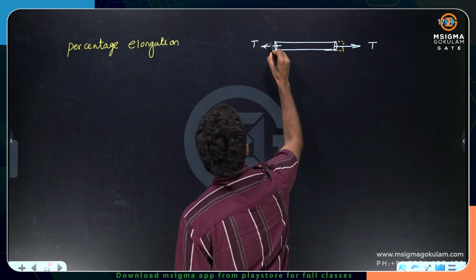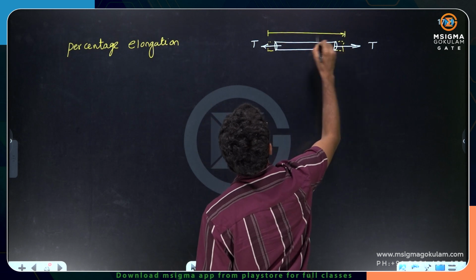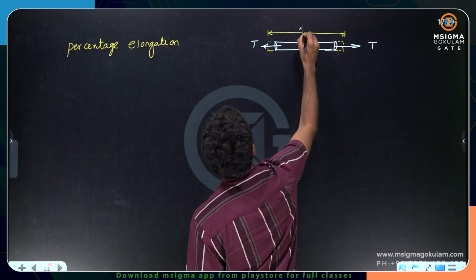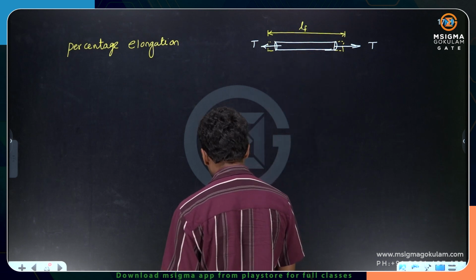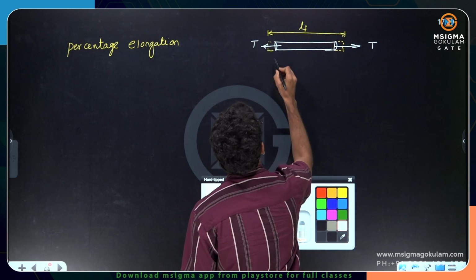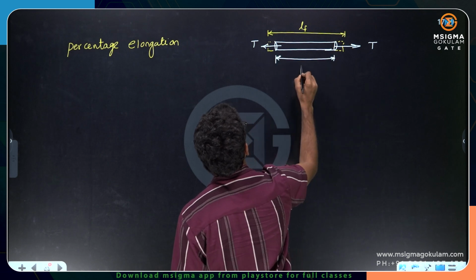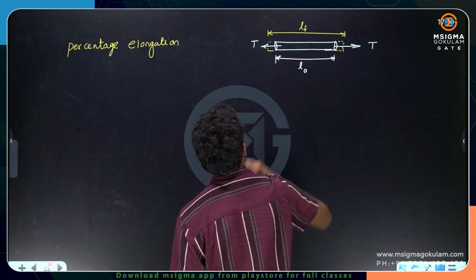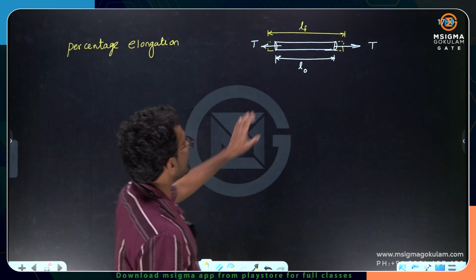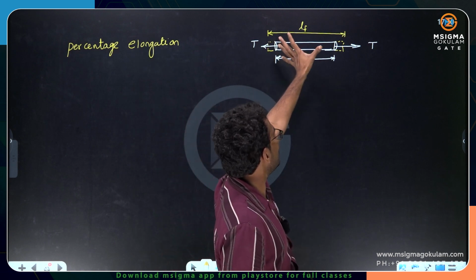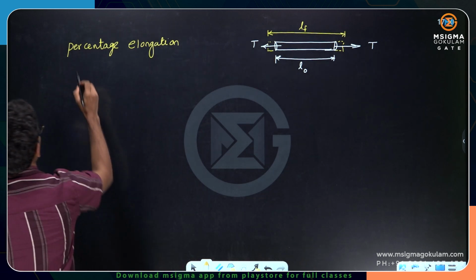Here, this side also we have deformed length. So the final length after stretching, let's say this is LF, final length, and the initial length when it was not stretched, that is what we call L naught. Because of application of tensile force, there is a final length which is increased length and initial length is L naught. Then we will be finding percentage elongation.